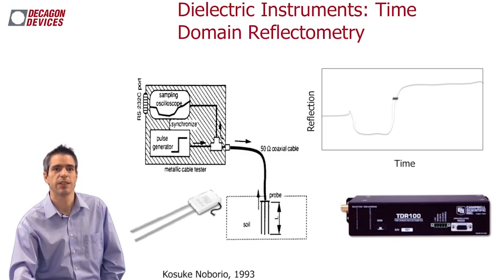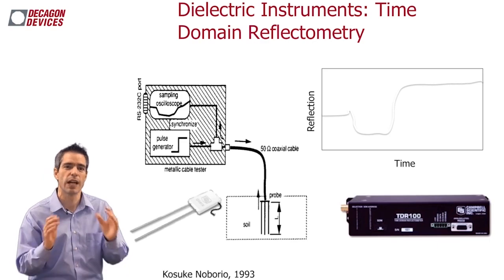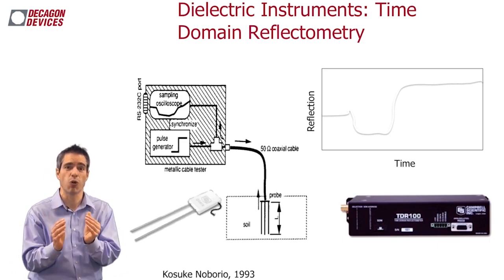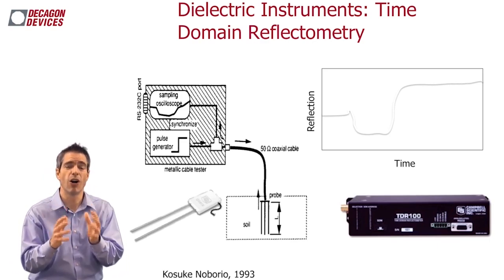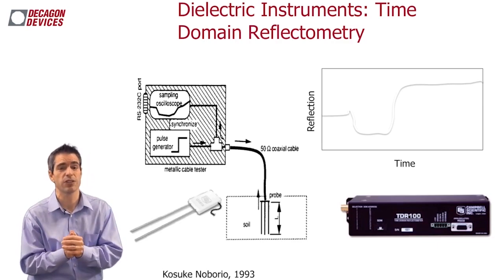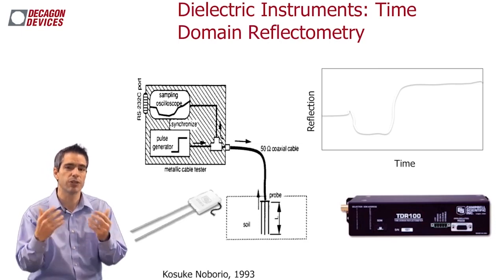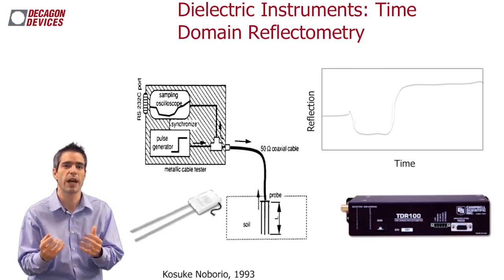Again, let's see that again. It hits the front of the probe, the end of the probe, and the time it takes to travel along that probe is related to the charge storage of the material around the sensor. And in our case, as I mentioned before, it's mostly due to the water in the soil that's producing all the charge storing capacity.